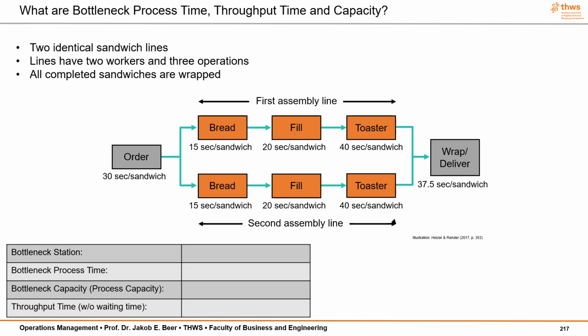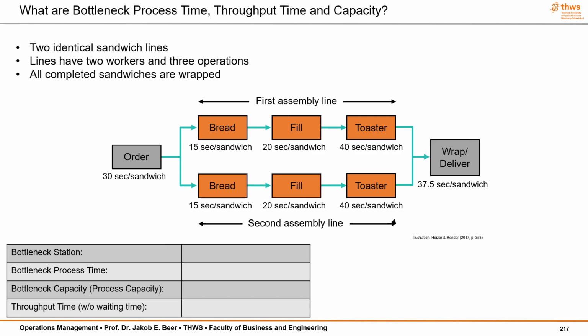Now, the bottleneck capacity is the inverse of the bottleneck process time. And not only the bottleneck capacity, but the capacity for the entire process is the inverse of the bottleneck process time. And if you convert the process time into a useful rate, you would end up at, I believe it is 96 sandwiches per hour.